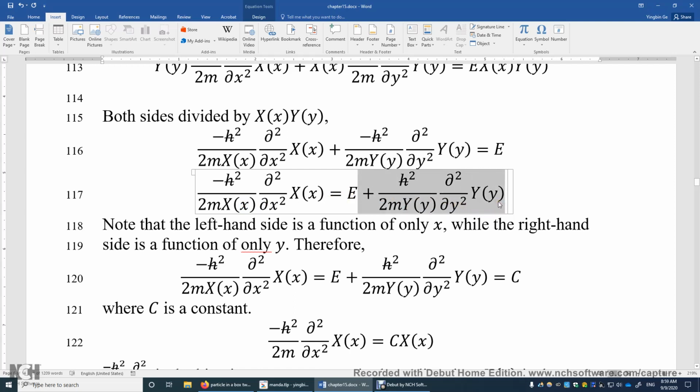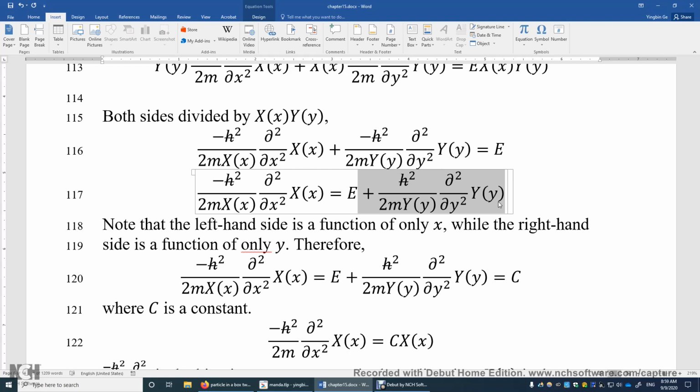So essentially, we are looking at an equation that says a function of x and x only is equal to a function of y and y only. x and y are variables. They are independent of each other. How can you have this kind of equation?